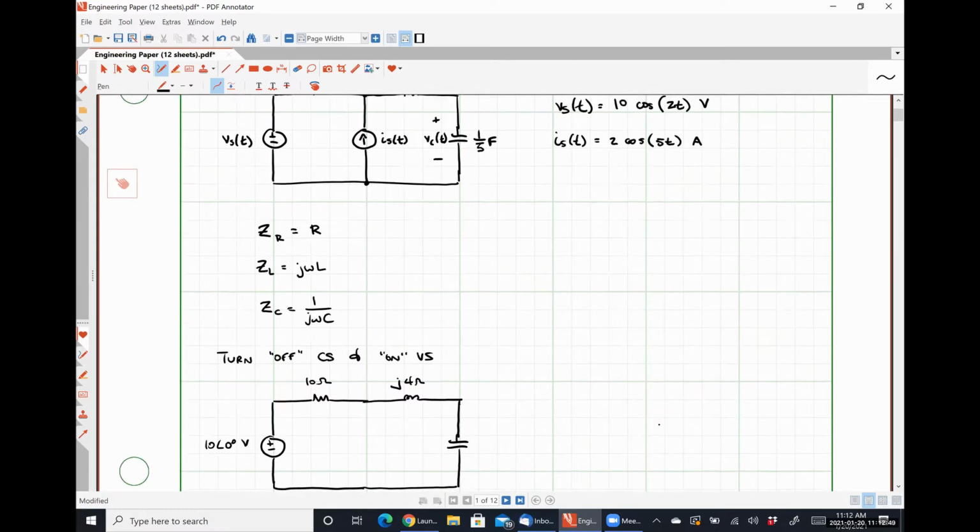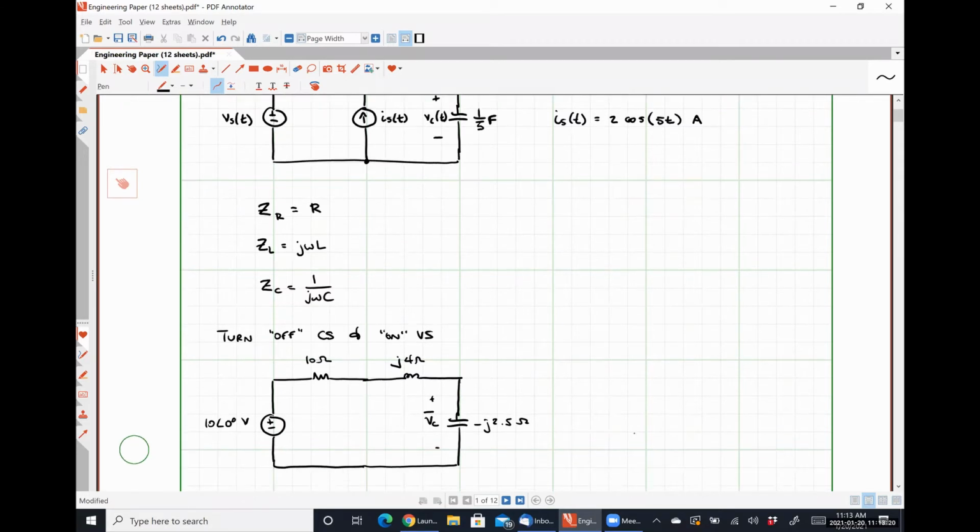And for our capacitor, we have 1 over j omega C, so omega is 2, C is 1/5, so that's 2/5. Reciprocal of that is minus j 5 halves, or minus j2.5. Our phasor voltage, VC, is like so.